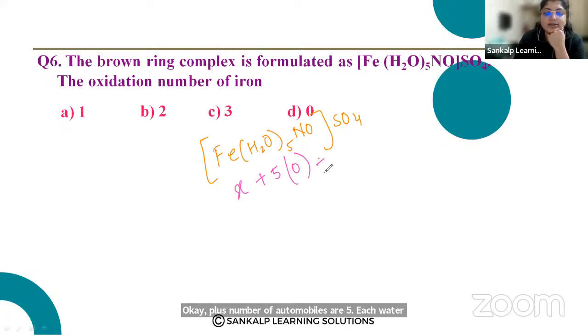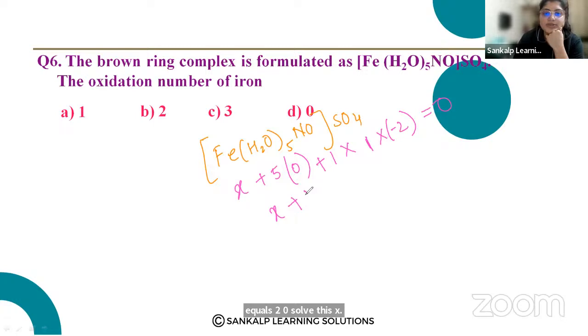Then plus nitronium ion, which is plus 1, then plus 1 into minus 2 for sulfate, equals 0. Solve this: X, 5 zeros are 0, plus 1, minus 2.